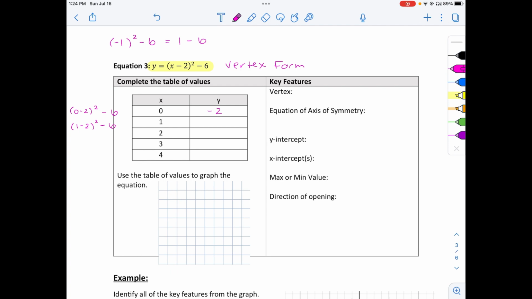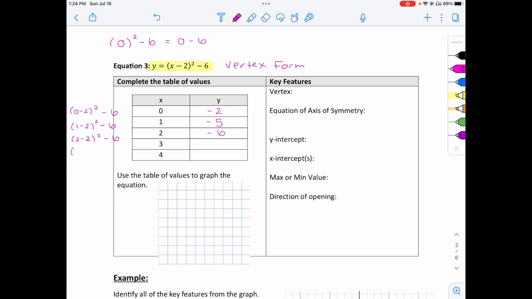Subtract 6 is going to give me -5. When x is 2, I'm going to have 2, subtract 2 in the bracket, square, and then I'm subtracting 6. Okay, so if I show a little bit further up here, 2 subtract 2 is 0. Okay, we know 0 squared, 0 times 0 is going to give us 0, and then we're subtracting 6, which gives us -6.